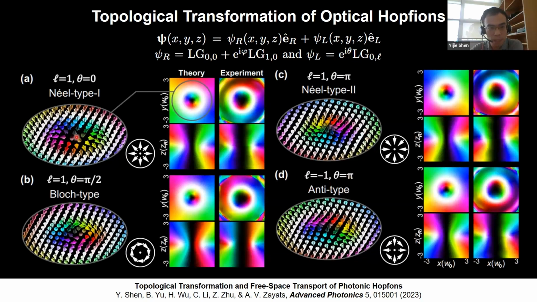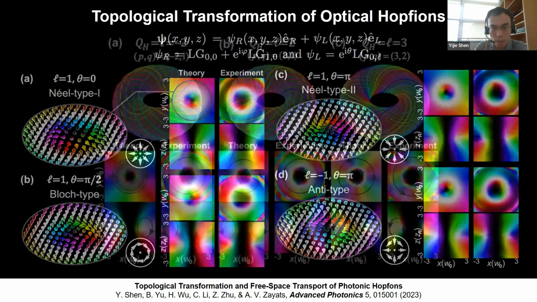All these are subspaces of the hopfion. As you can see, what we can do in the 2D skyrmion, we can apply as a vector texture transformation in the 3D hopfion, and these experimental results agree well with the theoretical model.